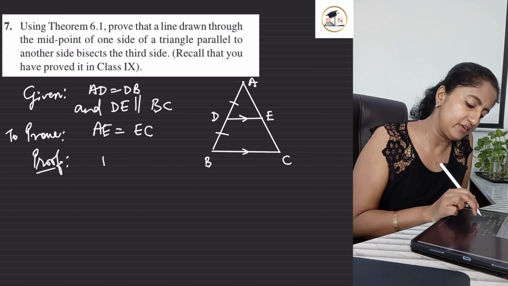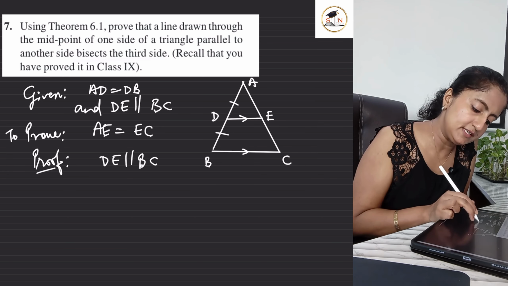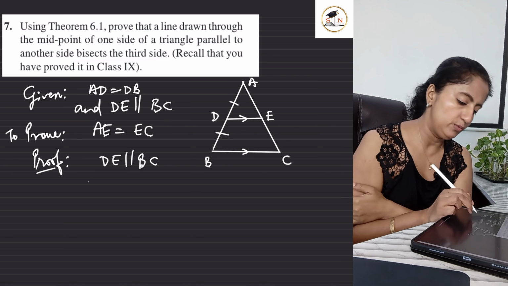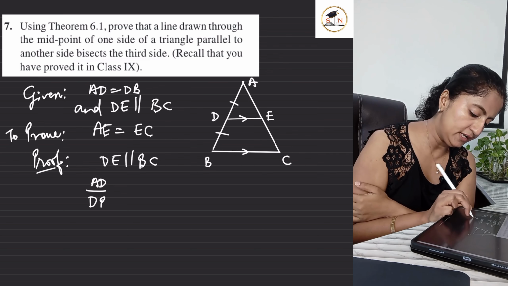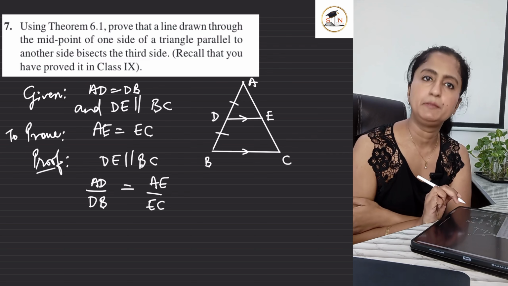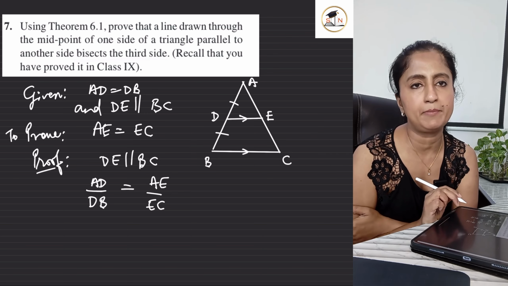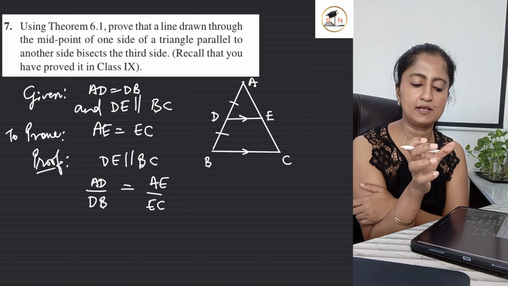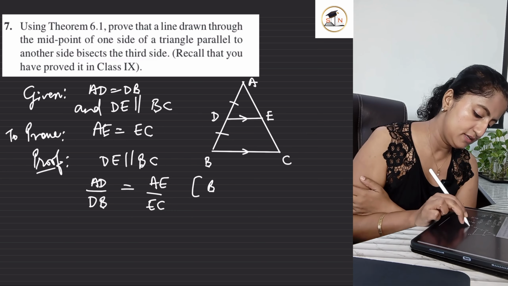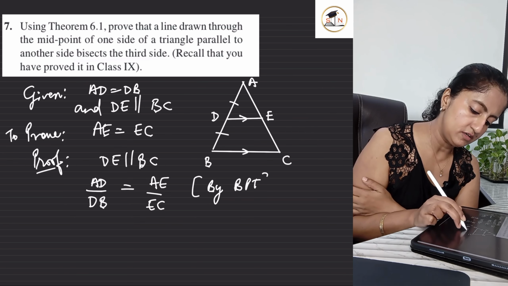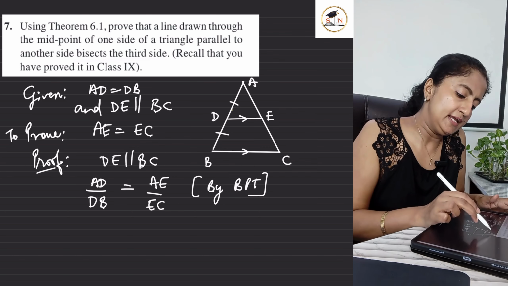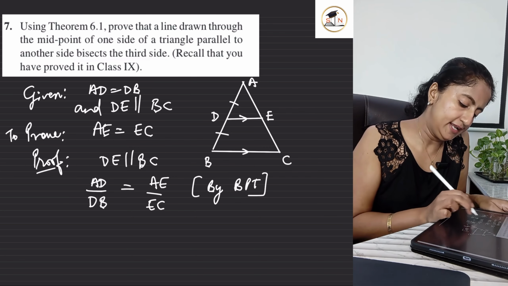We are already having that DE is parallel to BC. So by BPT, what do we get? We get that AD over DB equals AE over EC, right? BPT provides us that if a line is parallel to one side of the triangle, then it divides the other two sides in the same ratio. Now, the question provides us that AD equals DB.